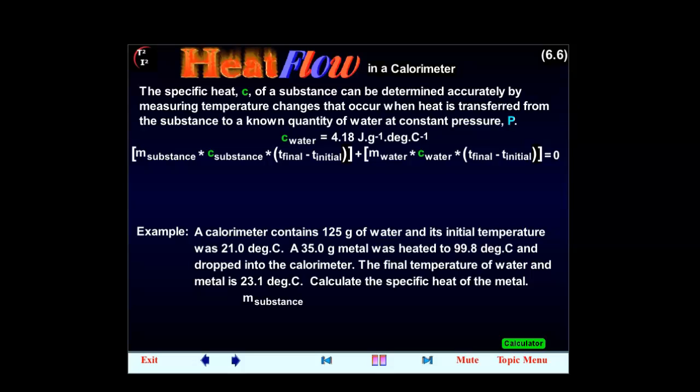Mass substance equals 35.0 grams. Delta T for the metal: T final equals 23.1 degrees Celsius minus T initial equals 99.8 degrees Celsius, equals negative 76.7 degrees Celsius.